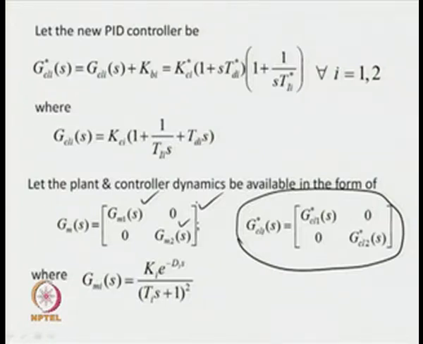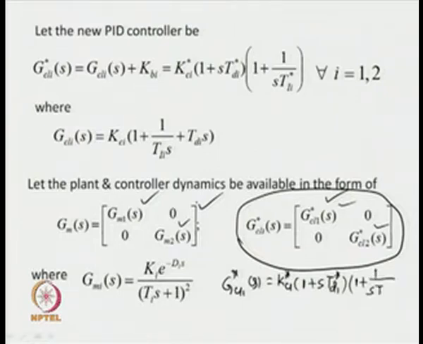Now, GCi star(s) has elements GC1 star(s) and GC2 star(s). GC1 star(s) is nothing but KC1 star times (1 plus s TD1 star) times (1 plus 1 upon s TI1 star).